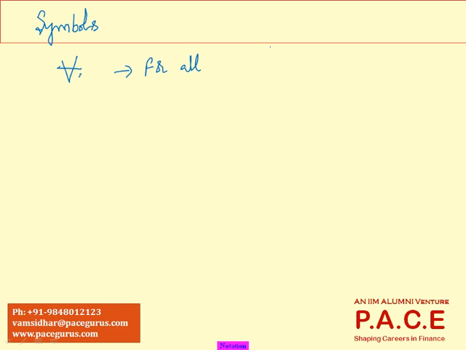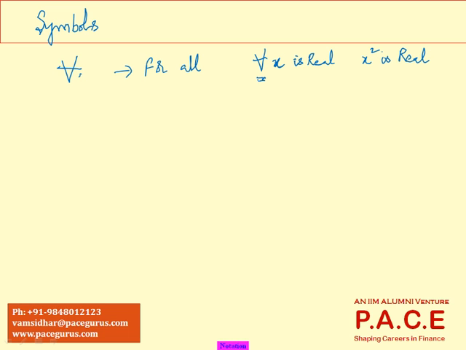For example, if I say for all x, for all x, x which are real, for all x is real, x square is real. So if x is real, then I say x square also is real.